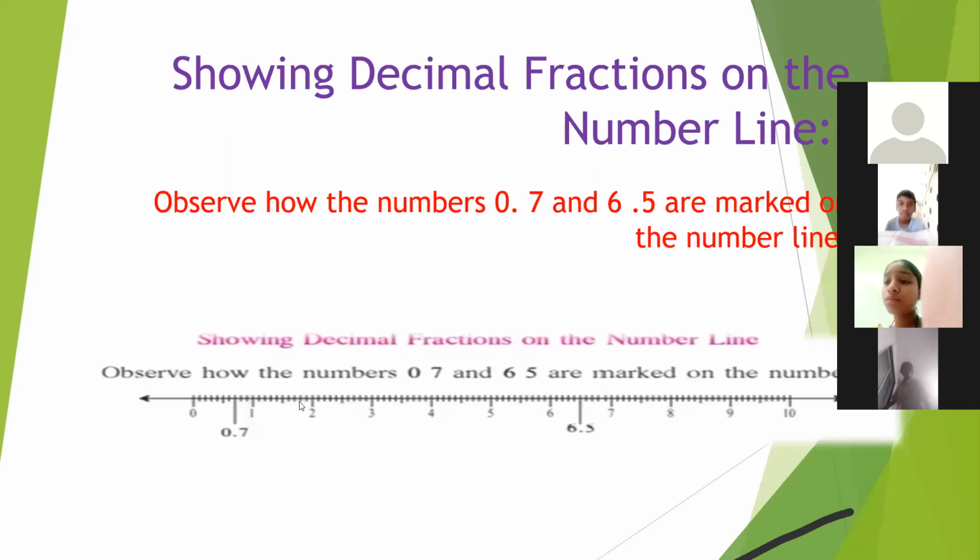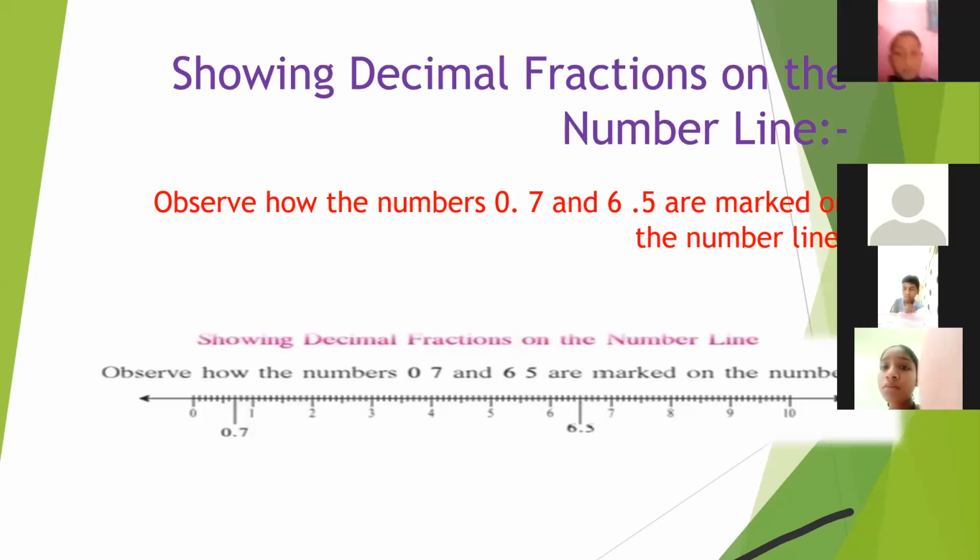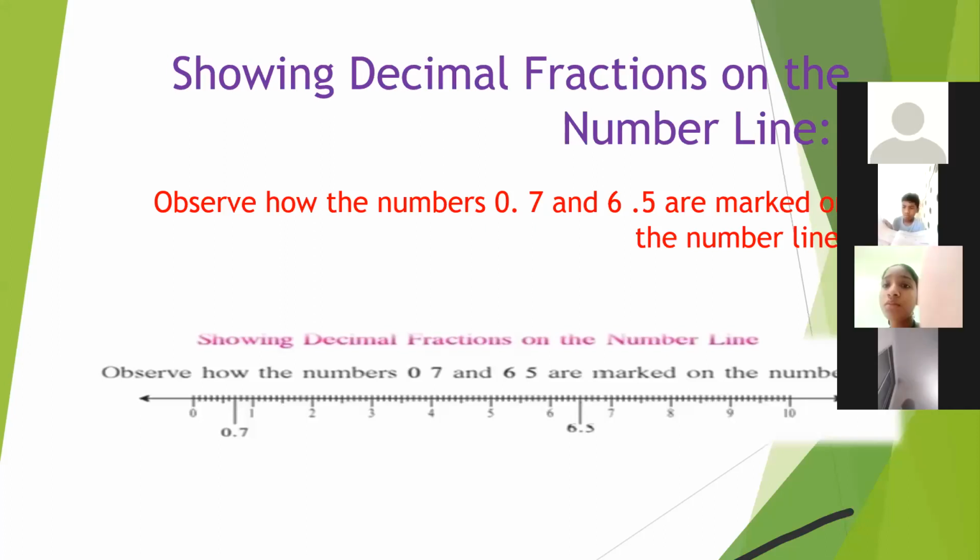In this way, you will continue till here. Here, this bigger hash will show you 1.5. From 1.5 to here, 1.6, 1.7, 1.8, 1.9, and here 1.10. That is nothing but 2. Okay, got it? How we will count this?